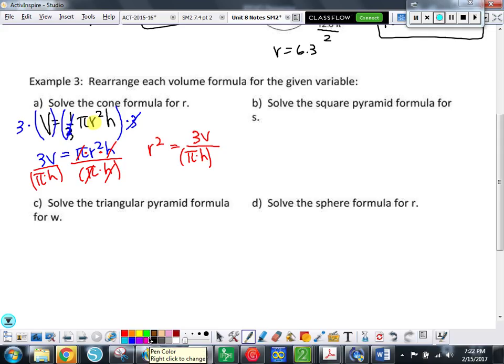So you cancel the squared by taking the square root. It's kind of ugly. R equals the square root, again we do not need plus or minus, of 3v over pi h. Let me rewrite that a little bit neater. Put parentheses around it. And this is my final answer.